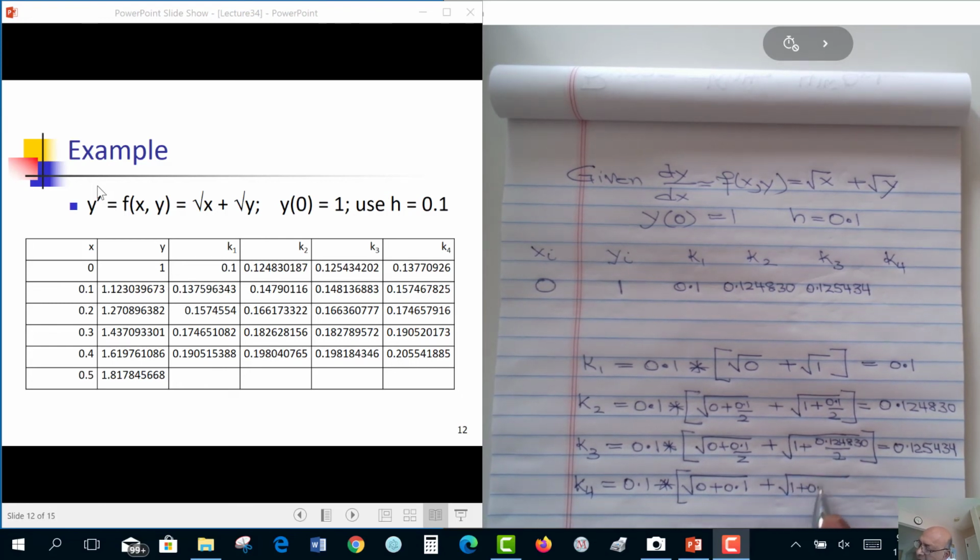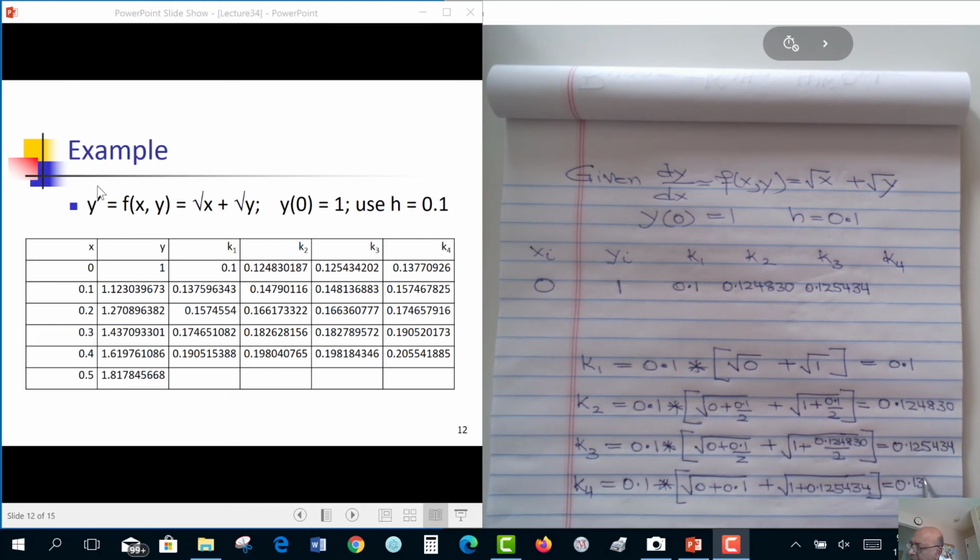Square root of 1 plus 0.125434. Okay. So we will get 0.137709.